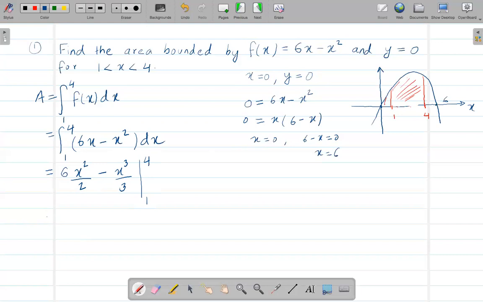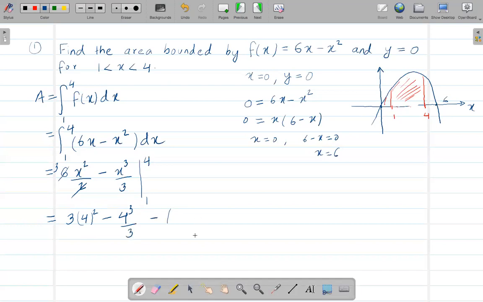Now first let's take 4 and plug it in here. 6 over 2 is just 3, so 3 times 4 squared minus 4 to the power 3 over 3. That's the first one, for 4.